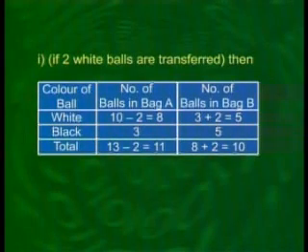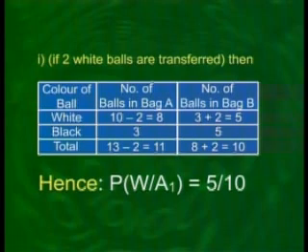Now, after having transferred 2 balls from the first bag, what happens to the second bag? This is a very, very important question, and we have to analyze it one by one. In the first situation, if 2 white balls are transferred, students, then in our second bag, we now have 3 plus 2 equal to 5 white balls, and as before, 5 black balls, and now the total number of balls in that bag is not 8 but 10.